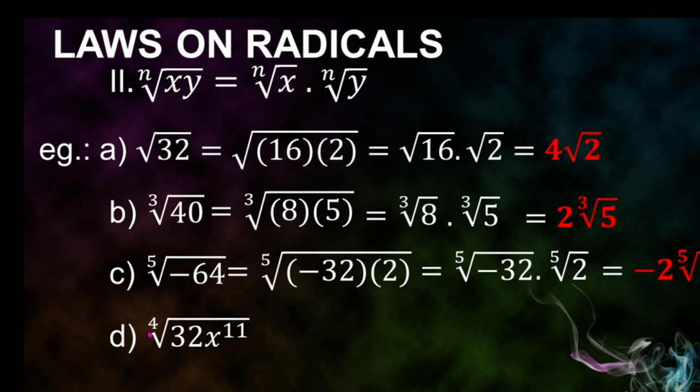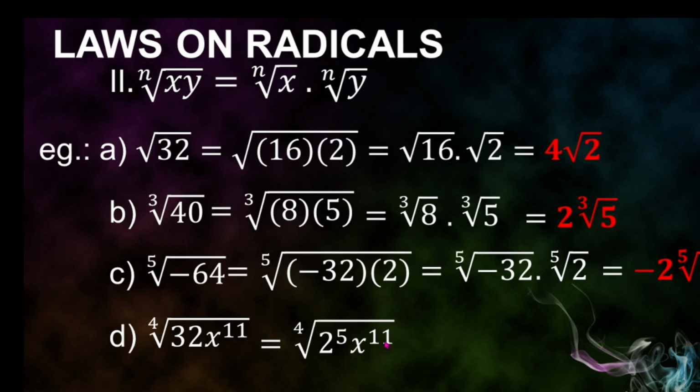Next, we have the fourth root of 32, x raised to 11. So first, let us write the fourth root of 32, x raised to 11 as the fourth root of 2 raised to 5, x raised to 11. In other words, we change 32 as 2 raised to 5 since 32 is a perfect fifth.